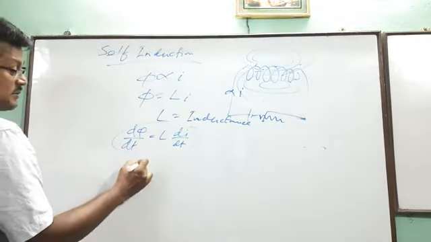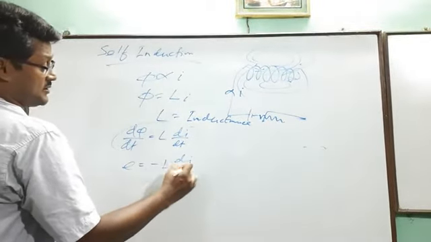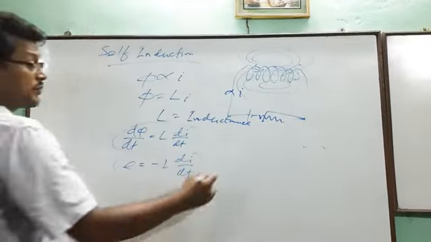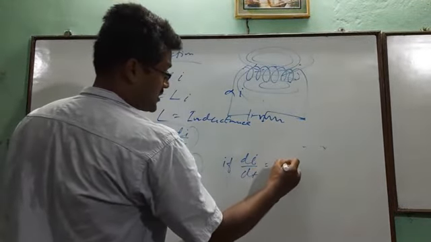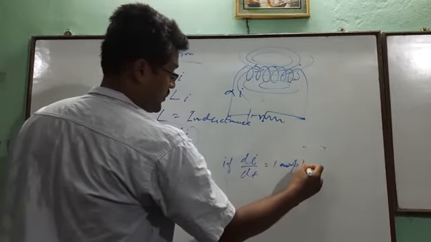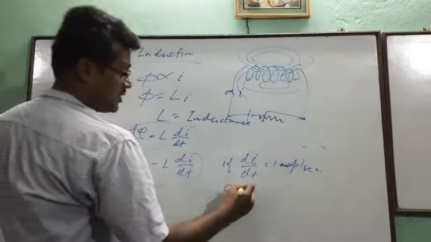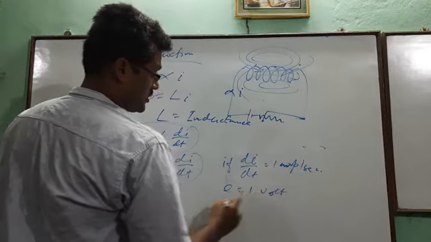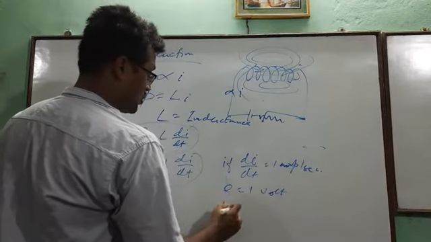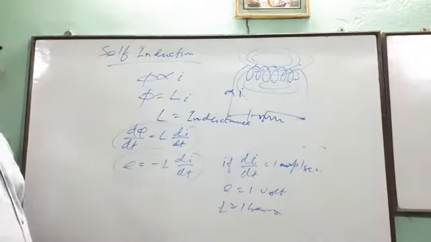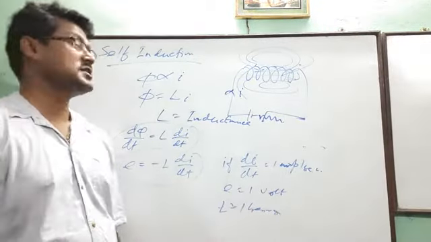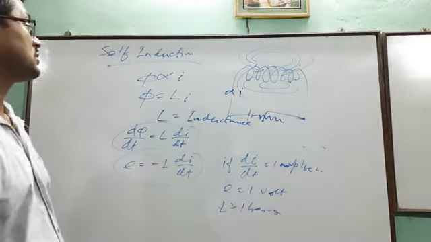Now this is E equals minus L dI by dt. If we find that dI by dt equals 1 ampere per second, and E equals 1 volt, then L equals 1 Henry. So Henry is the unit of inductance. This is the way to find out the self-inductance.